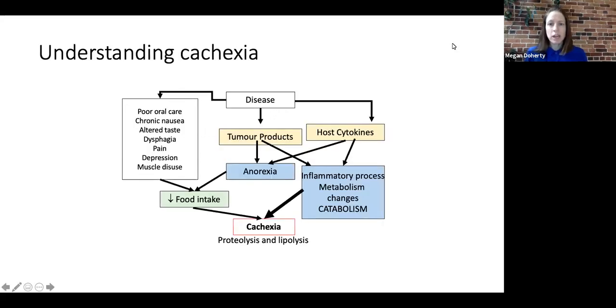For cachexia in adults with advanced disease, this has been fairly well studied. They've looked at the disease and how a number of different factors influence it, including a number of the things you see here: host cytokines, inflammatory processes, the anorexia, and this all leads to cachexia.